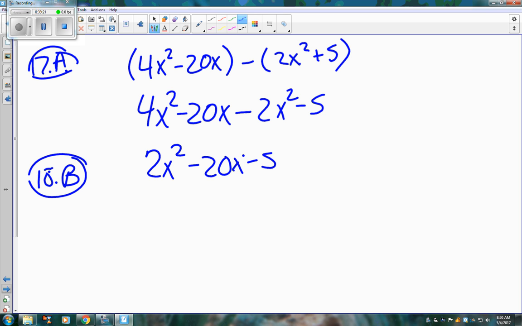C. Which statement best describes how the graph compares to the graph of x squared? D. It does reflect across the x-axis because A is negative, and it's going to have a vertical stretch by a factor of 3. So 20 is D.